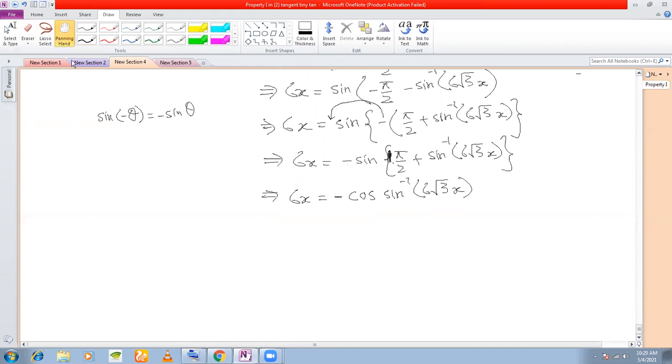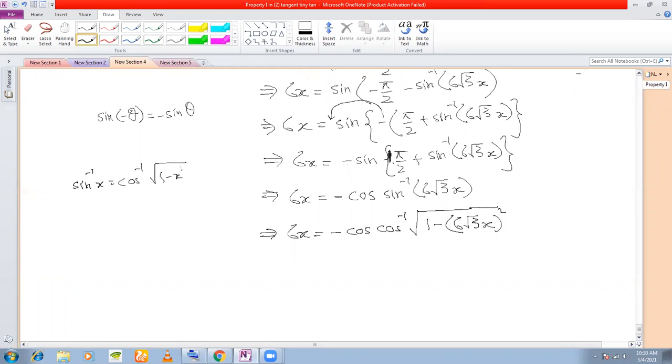Okay, so now obviously you change this sine inverse to a cos inverse. It will help. This becomes root of 1 minus 6 root 3x whole square, isn't it? Remember, sine inverse x is equal to cos inverse root 1 minus x square, right? That is what I have used here.